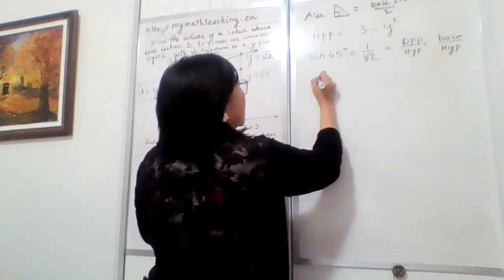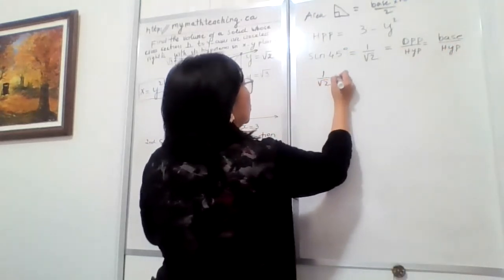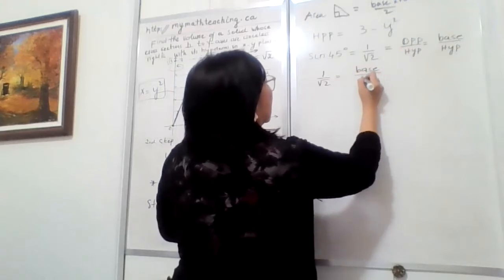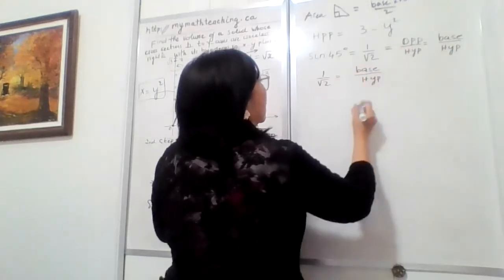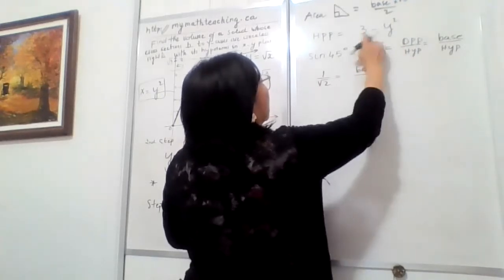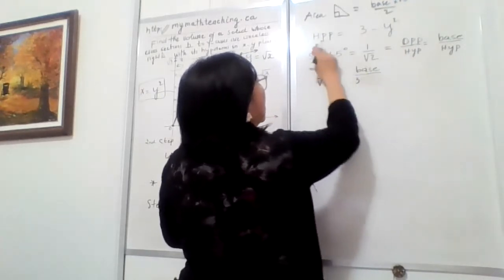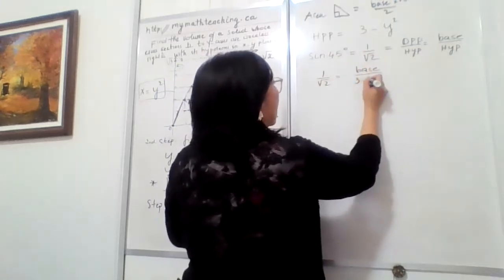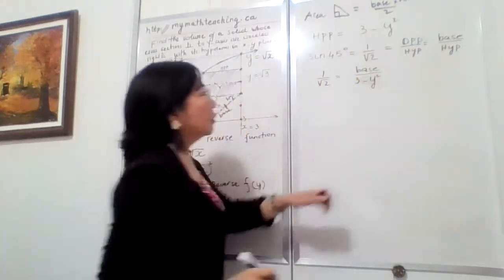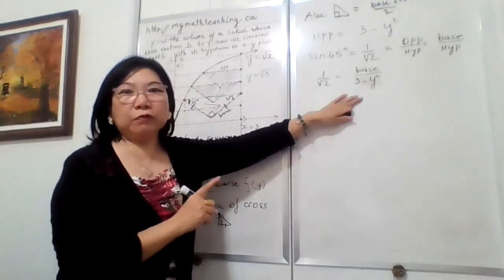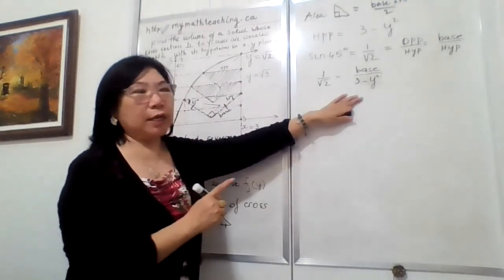So now we have the ratio 1 over square root 2 equals the base over hypotenuse. I'm going to substitute the hypotenuse by 3 minus y squared. By doing this related ratio, we'll be able to find the base of this triangle.